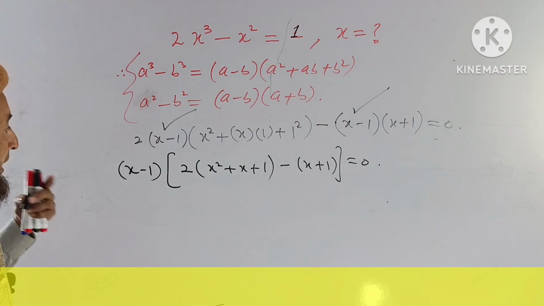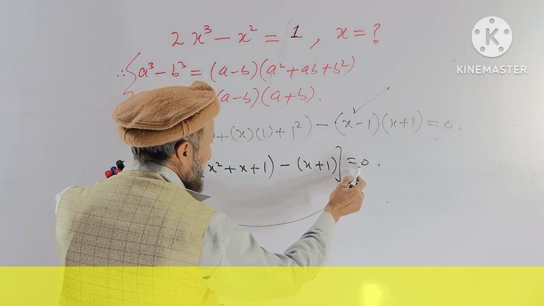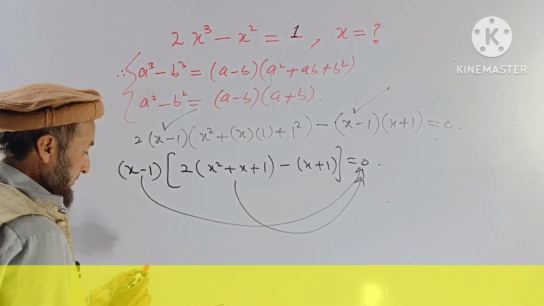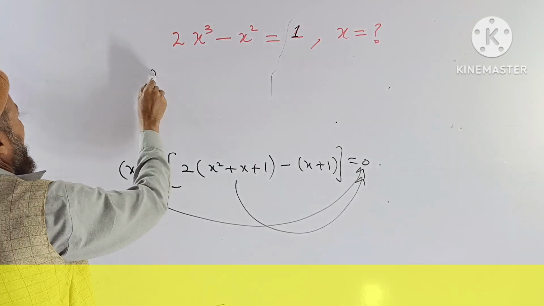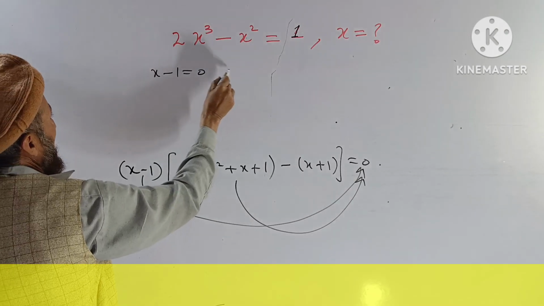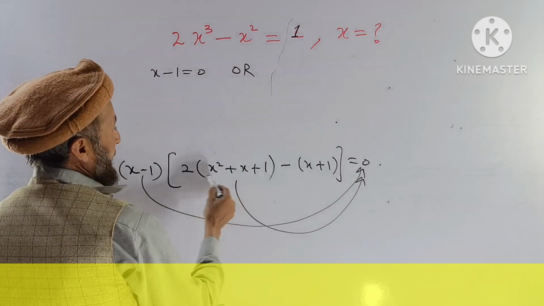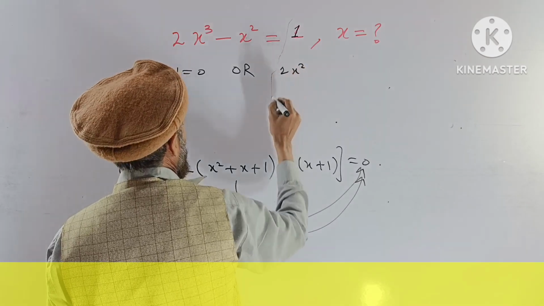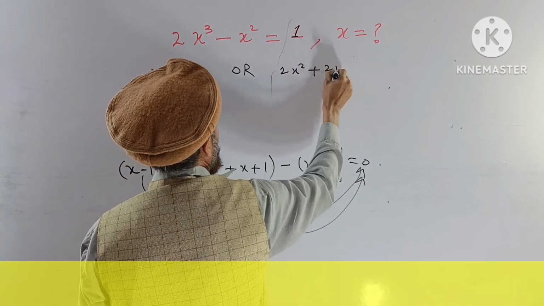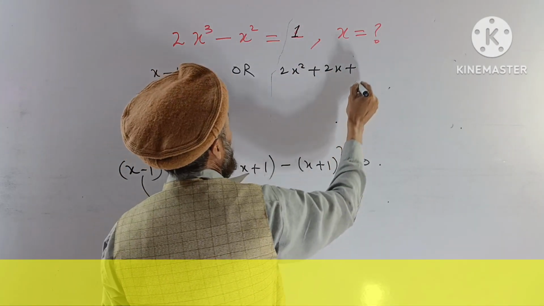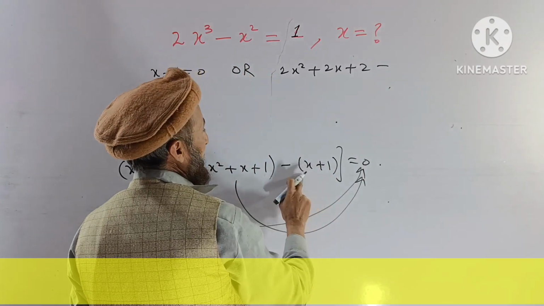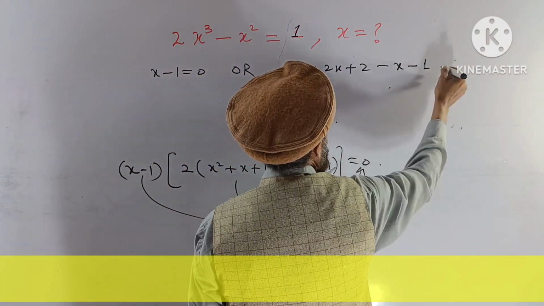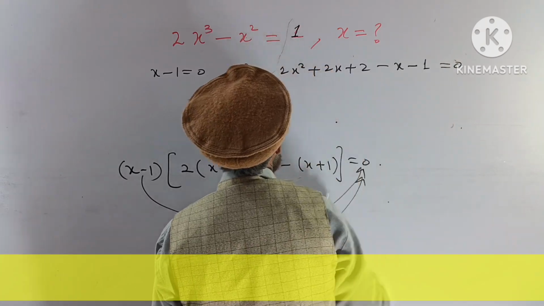It means that this term is also equal to 0 and the whole term is also equal to 0. If we simplify this term, we can write 2x square plus 2x plus 2, open this term, minus x minus 1 is equal to 0.